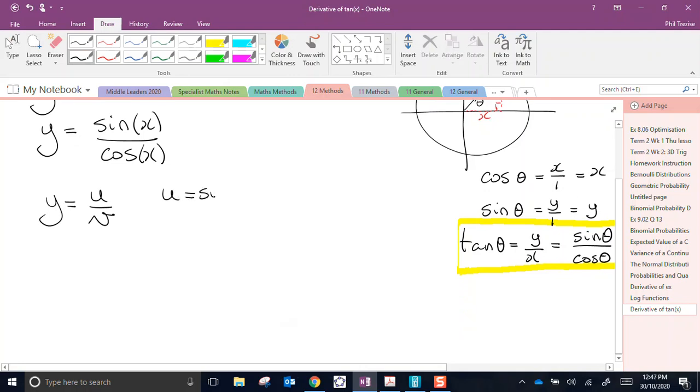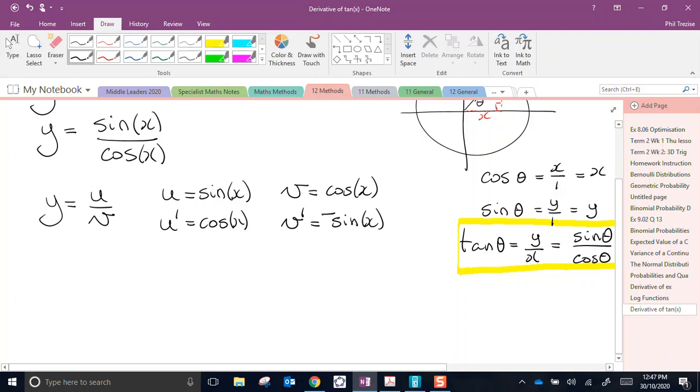U is the replacement for sine of x. V is the replacement for cosine of x. The derivative, u dashed, derivative of sine, is cosine of x. We saw that last time. And v dashed, the derivative of cosine, is the negative sine of x.